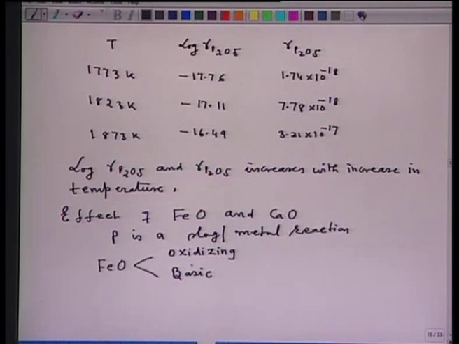So, in its role of oxidizing atmosphere, we can write the reaction 2P plus 5FeO equal to P2O5 plus 5 iron. So, in this reaction FeO is providing oxygen to react with phosphorus and to get P2O5.